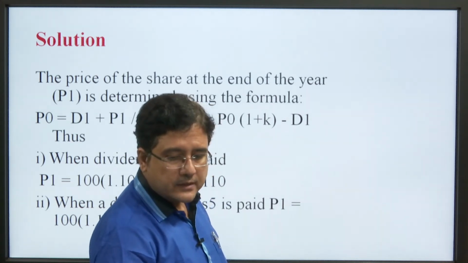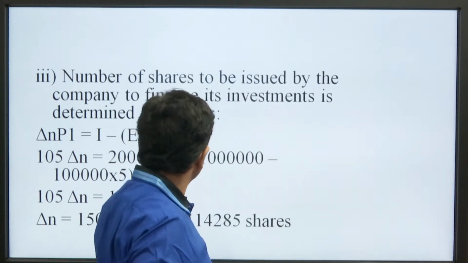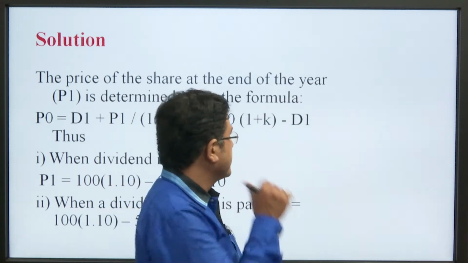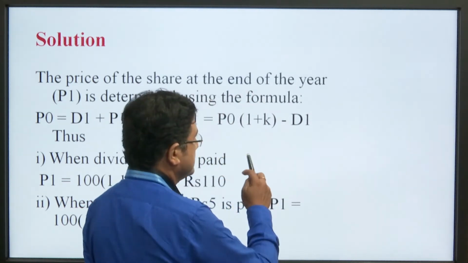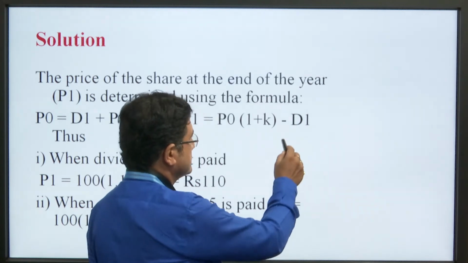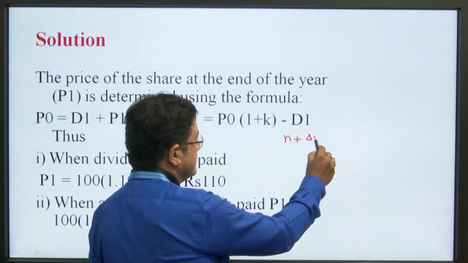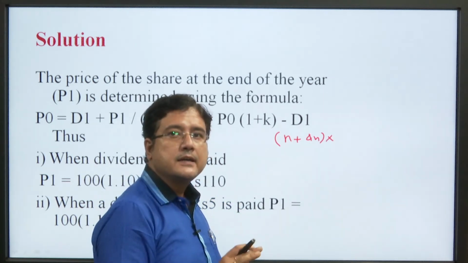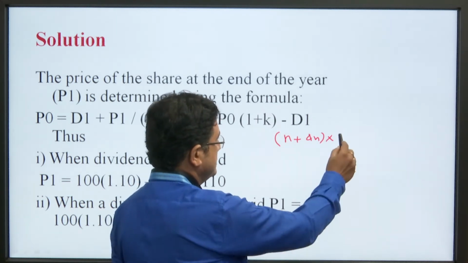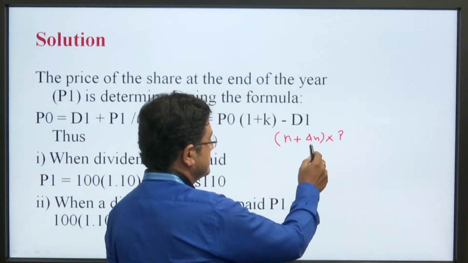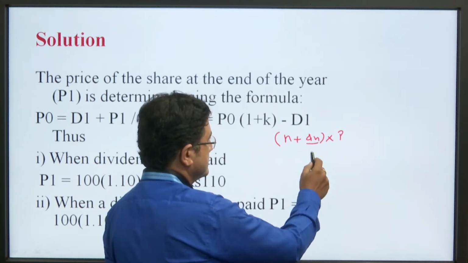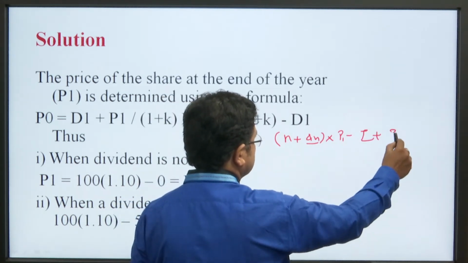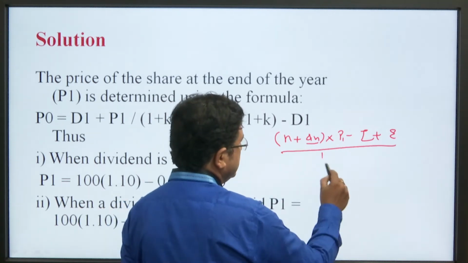So, I just prove here that n plus delta n multiplied by P1 minus investment plus earnings, divided by 1 plus KE.